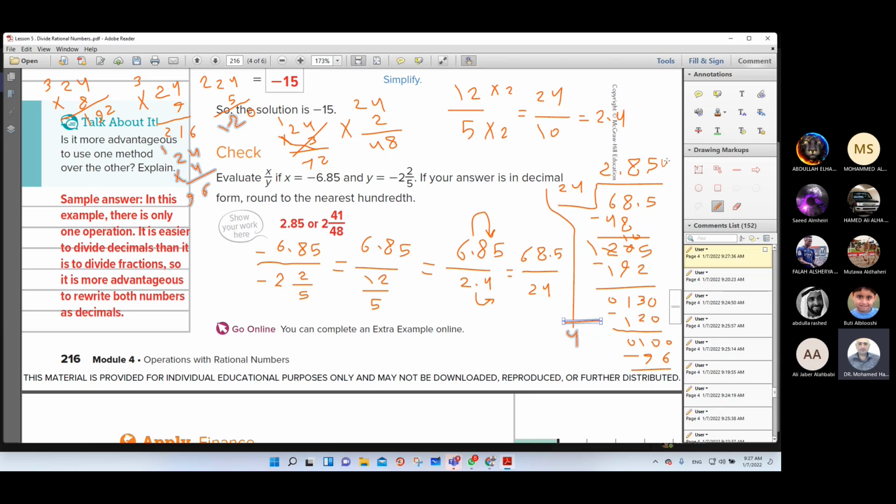And here 4. So you can continue. Put here 0. So 40 divided by 24 will be 1. Here 24. So 40 minus 24 will be 16. Also you can continue. 160. Put here 0.